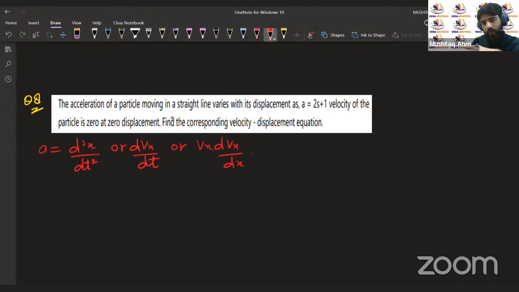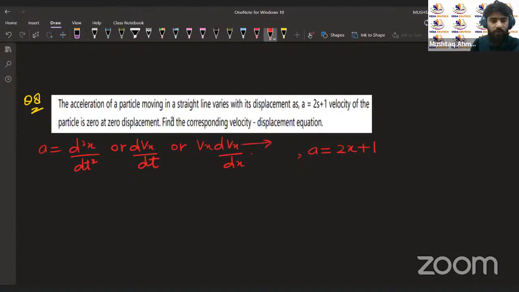Acceleration is given as a function of displacement s. We can write this acceleration as a is equal to, instead of s we'll be using x, 2x plus 1, right? Now we'll be using this equation because we have to find the velocity as a function of displacement.